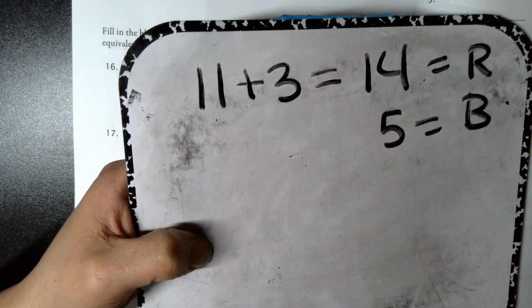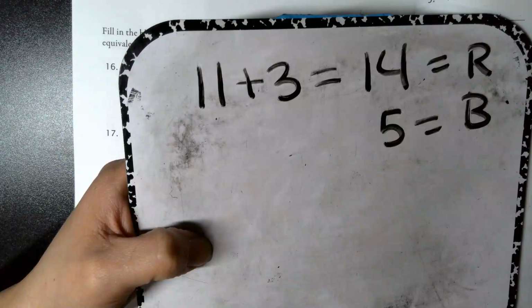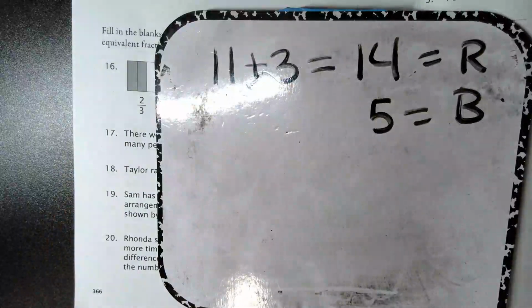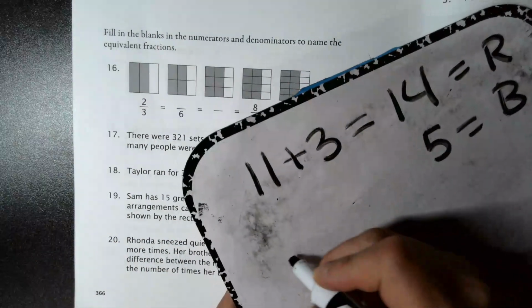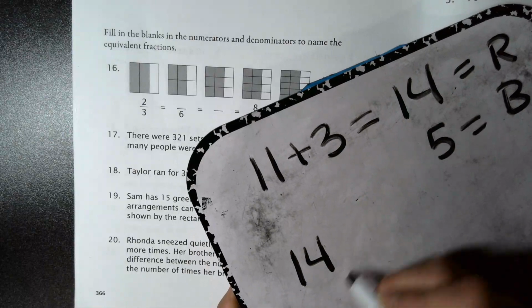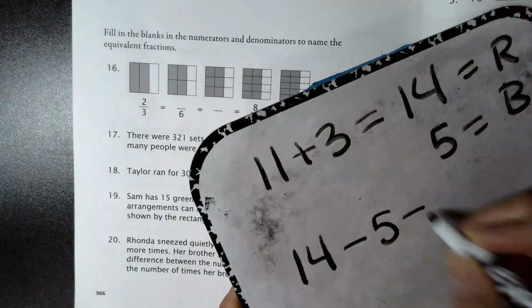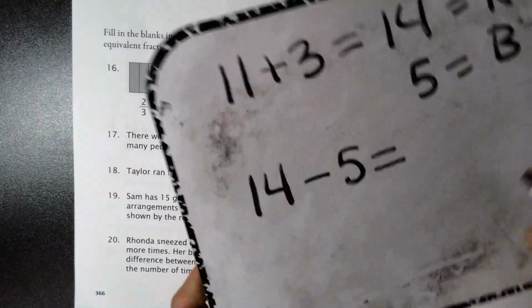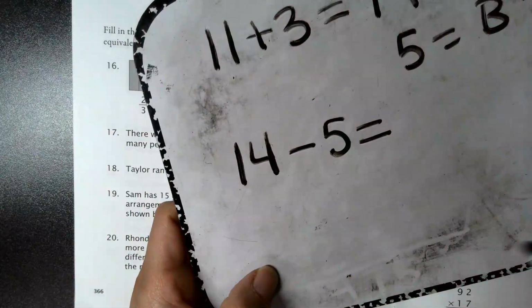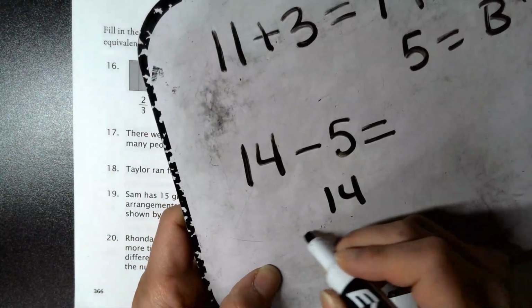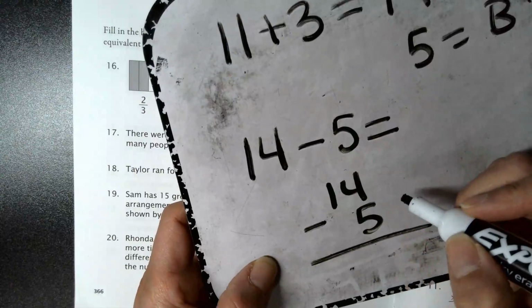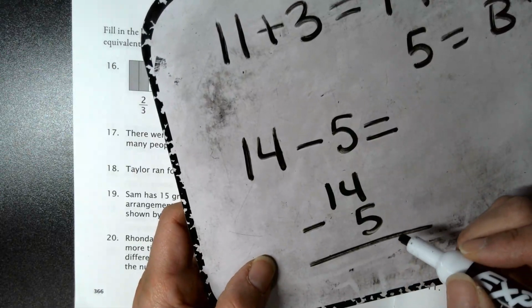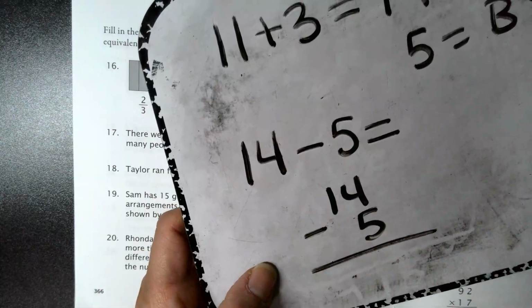It's not always the difference, but the difference is a huge one that indicates subtraction. So the difference would be 14 minus 5. We could stack it or solve it to the side, depending on how comfortable we feel.